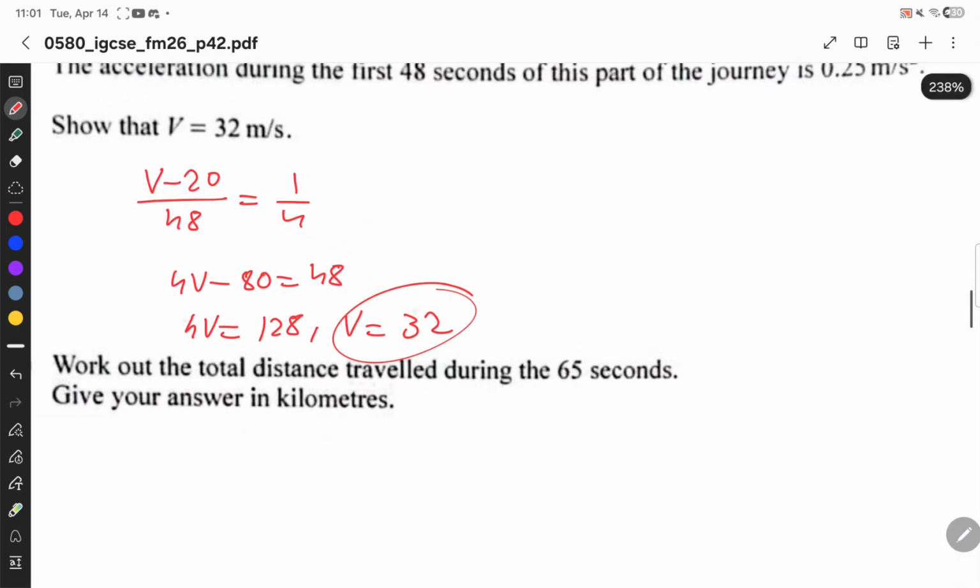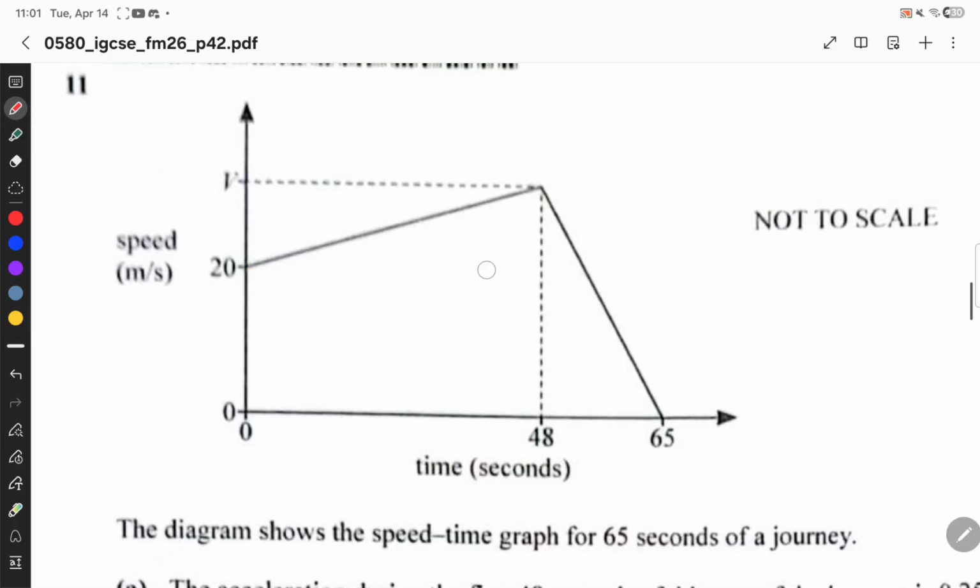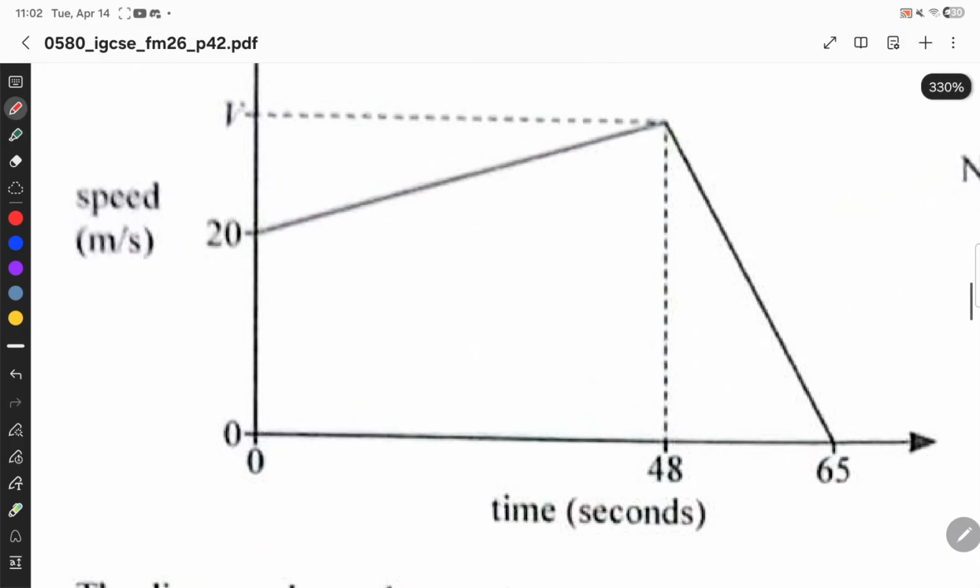Nice. Work out the total distance traveled during the 65 seconds. Distance means the entire area. So this will be 20 plus 32 all over 2 times 48.